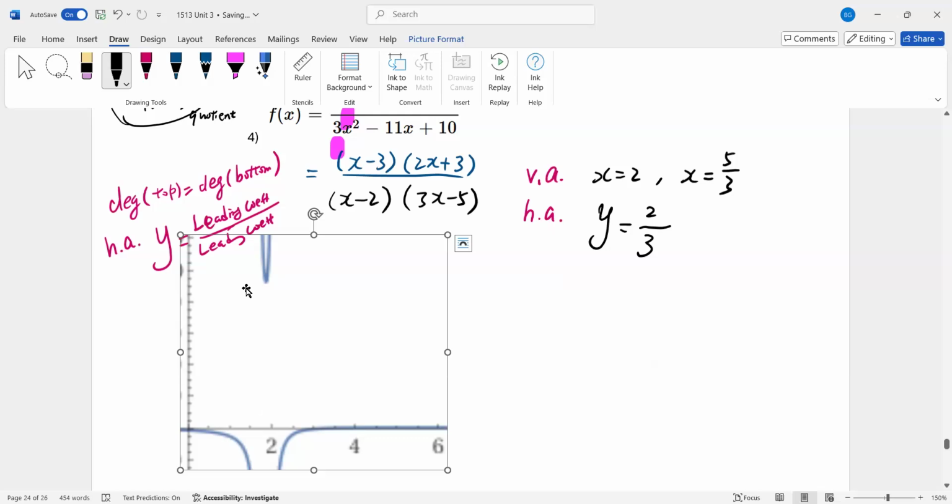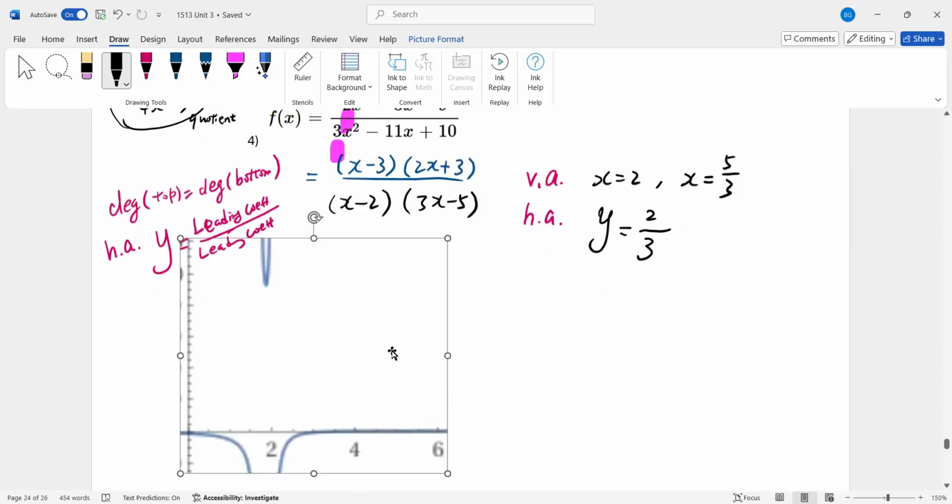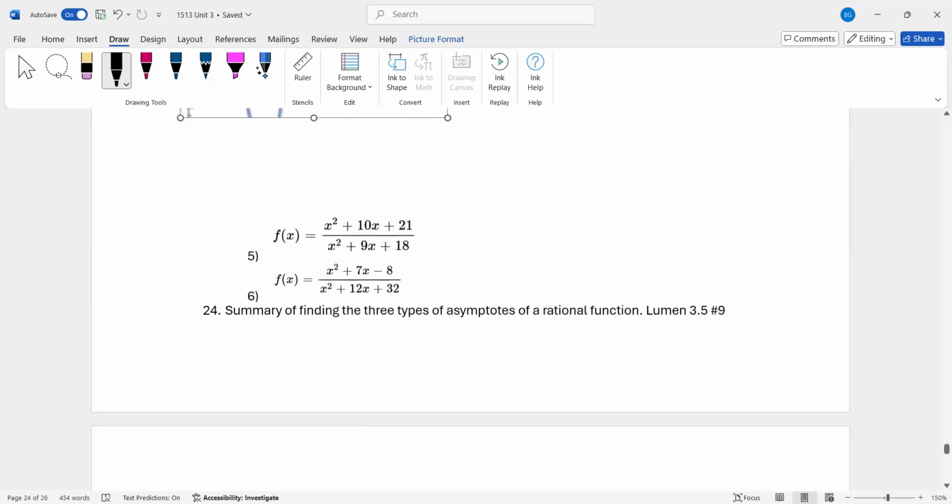One is at x equals 2. The other is at x equals 1 point something, smaller than 2. And the horizontal asymptote is y equals 2/3. And that's this problem, number 5.